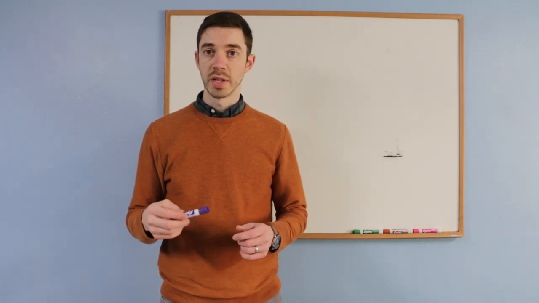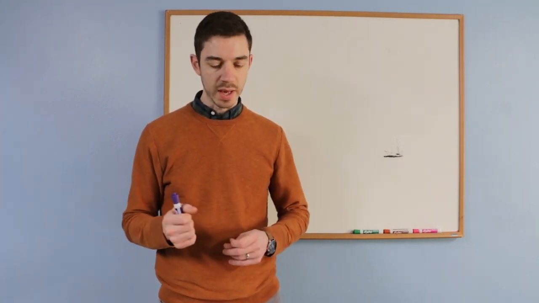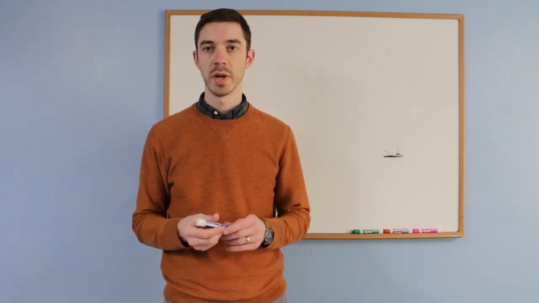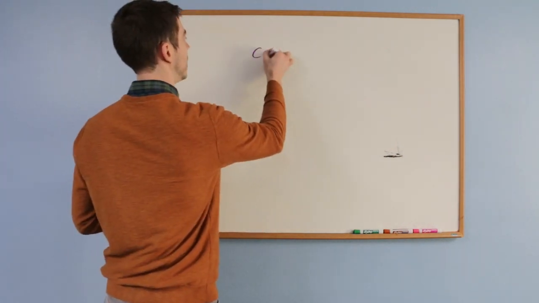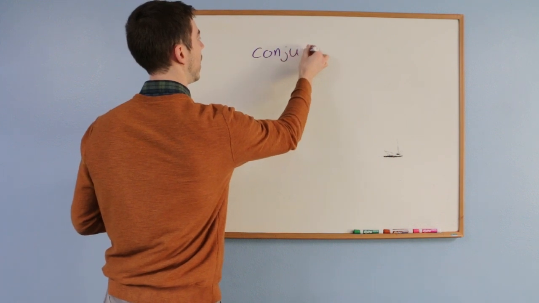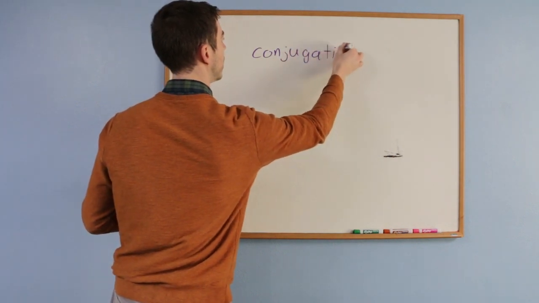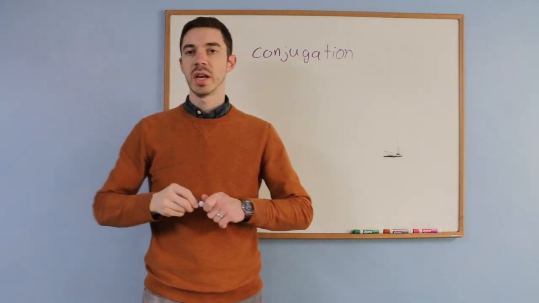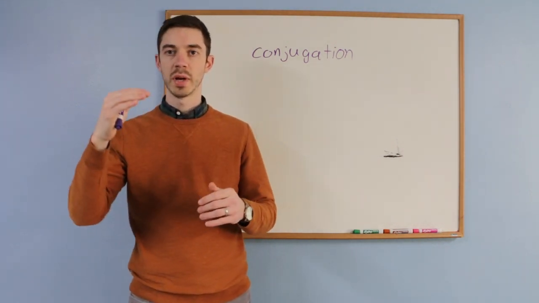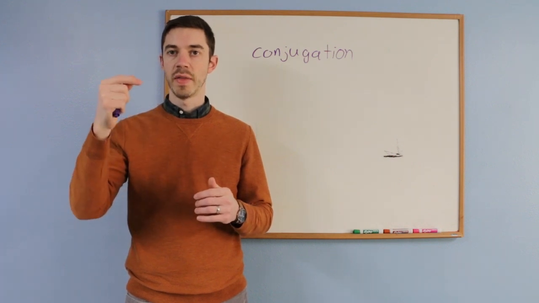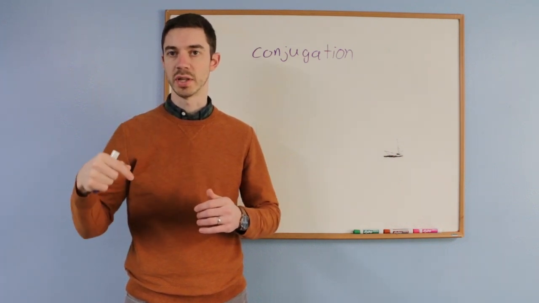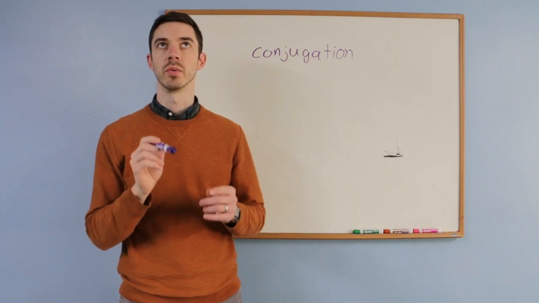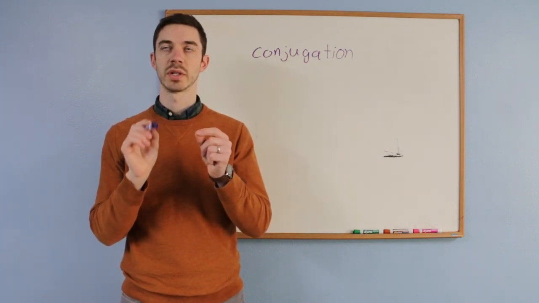And so a verb is an action word, and every verb in Latin is in what we call a conjugation, which is a nice big long word. And a conjugation is just a group of endings that give the different persons of a verb. So we'll talk about that more in just a little bit.